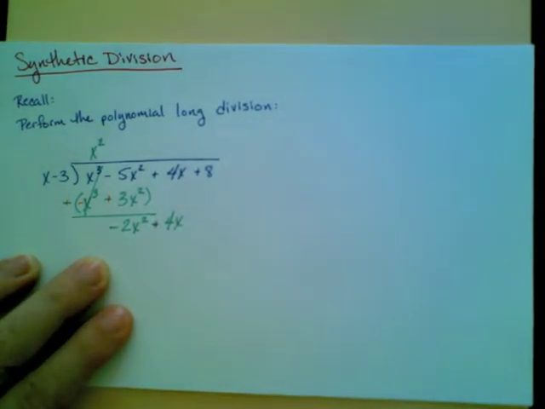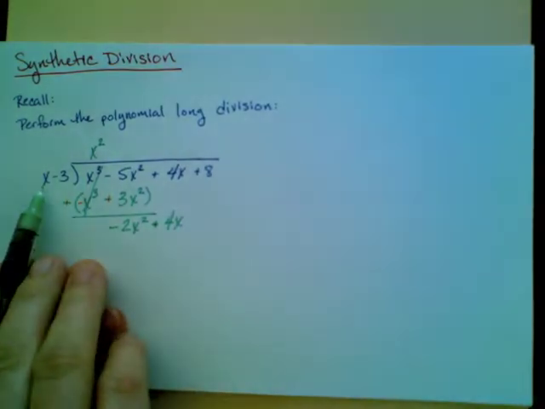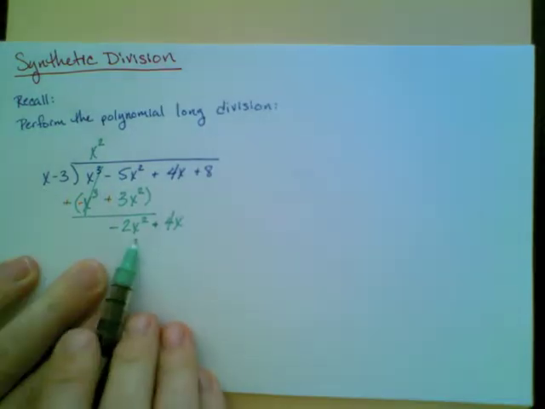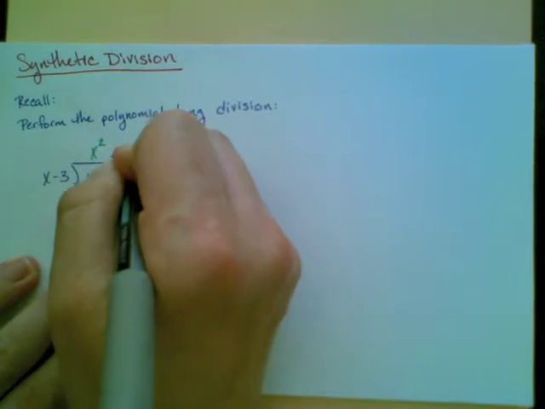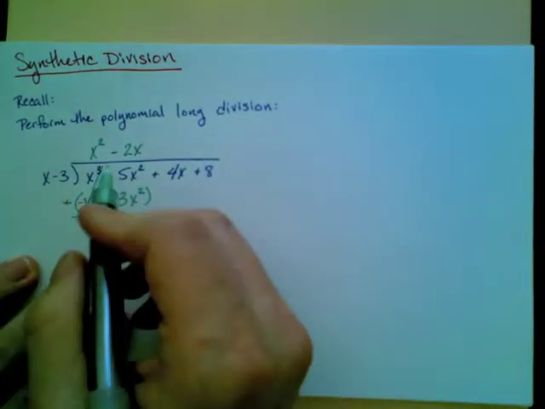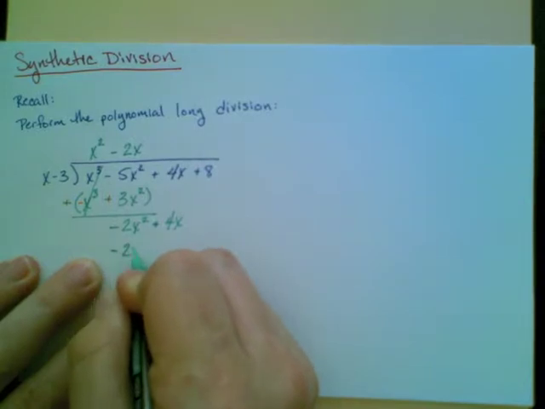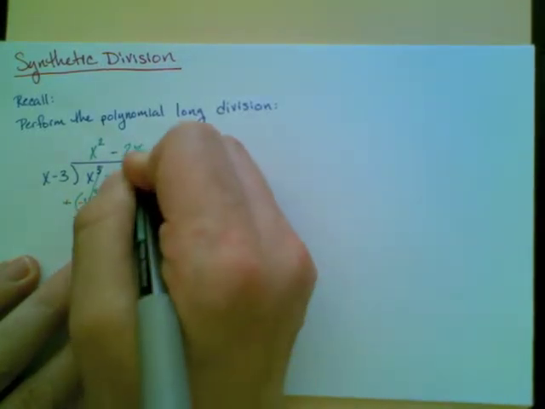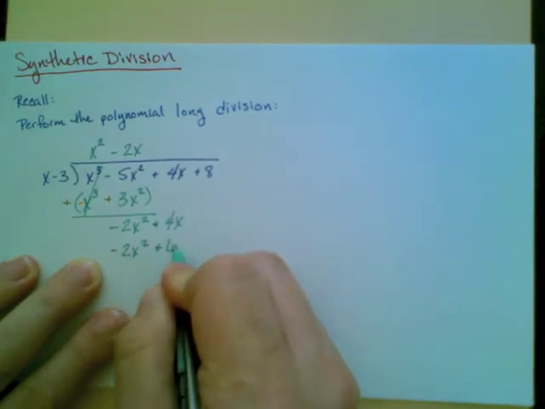So now we do the whole thing over again. I want to figure out what do I need to multiply x by in order to get negative 2x squared. And the answer to that is negative 2x. So negative 2x times x is negative 2x squared. Negative 2x times negative 3 is positive 6x.